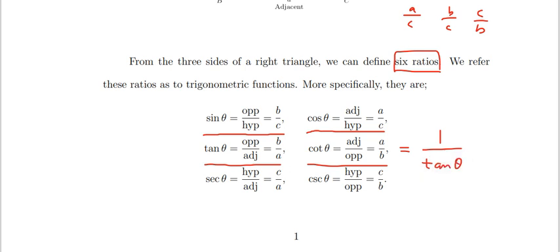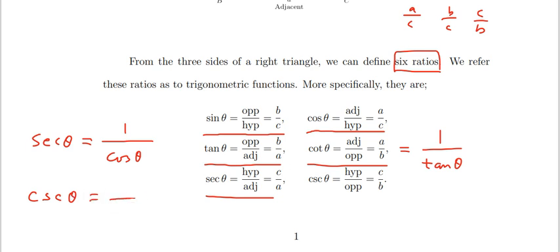Secant equals 1 over cosine. And cosecant equals 1 over sine.